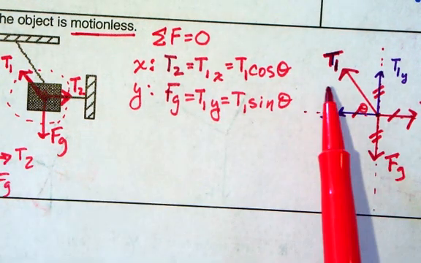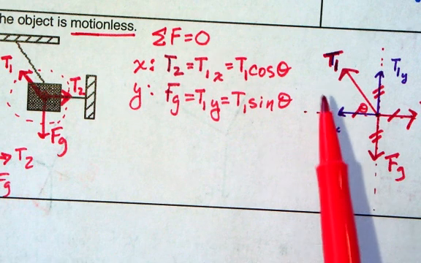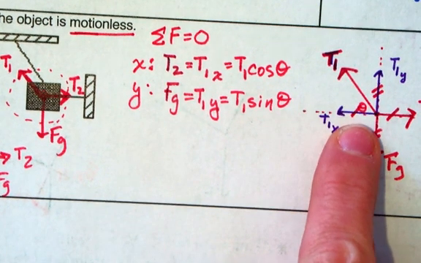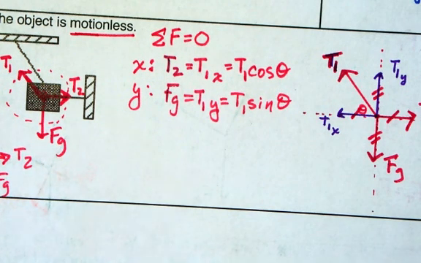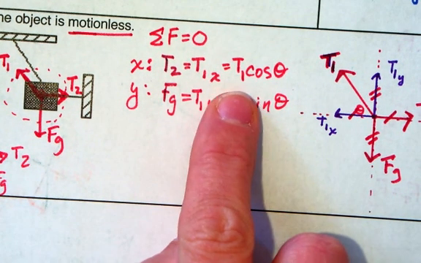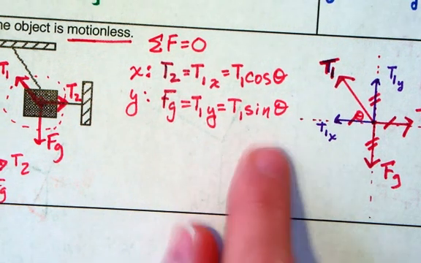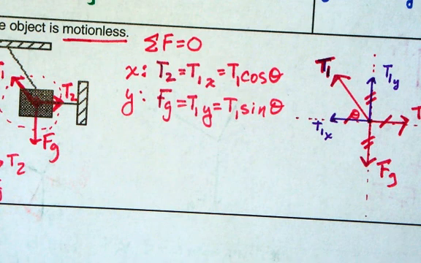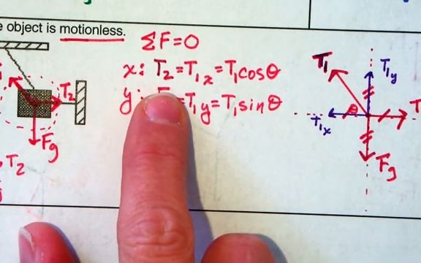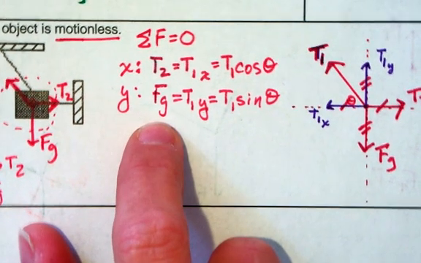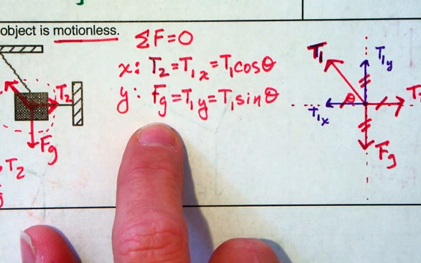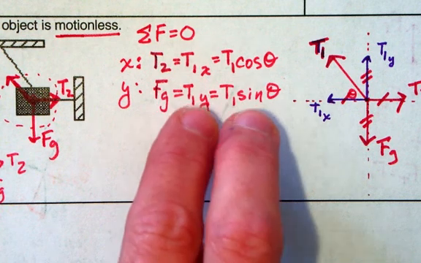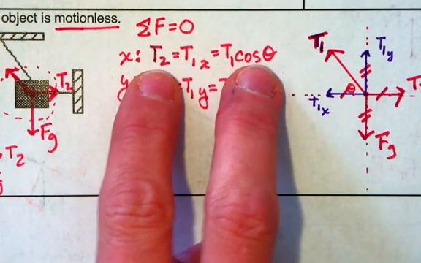So if I knew what T1 was, if I said T1 is 30 newtons and it is 20 degrees above the x-axis, then this would be 30 cosine 20. Did I say 20? Do you like how short-term memory? And then this would be 30 sine of 20. And then I would know what my T2 is, and I would know what my gravitational force was. Make sense? Okay, so we use the components. We're going to eventually set up equations, and then we can solve for the unknowns.